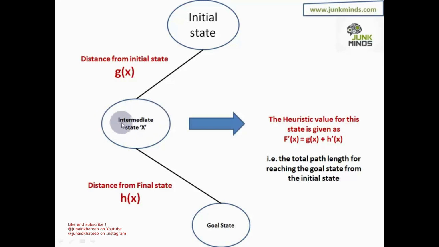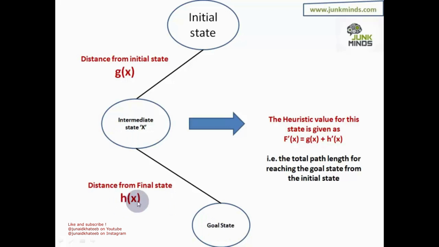What I mean is I want the total path length or the total cost of the solution starting from the initial state going to the goal state via this intermediate state. I'll first calculate the distance from the initial state to this node, which I'll call g of x, considering that x is the node, and then the distance of this state from the goal state, which I'll call h of x.